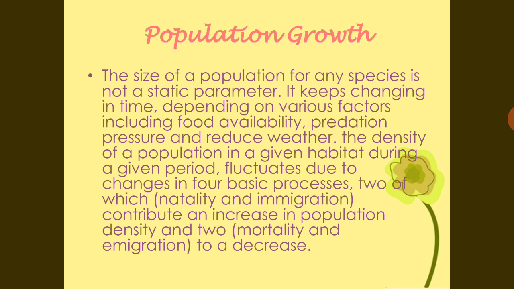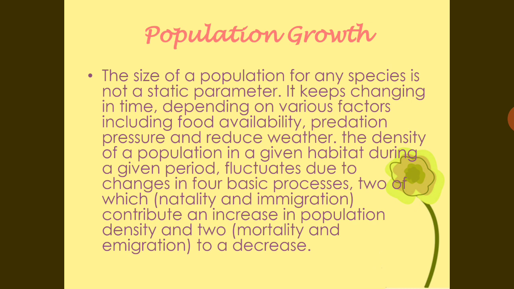The density of a population in a given habitat during a given period fluctuates due to changes in four basic processes. Two of them, natality and immigration, contribute to an increase in the population density, and two, mortality and emigration, lead to a decrease.